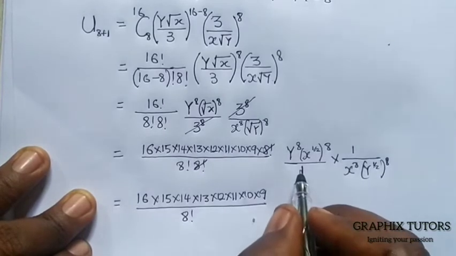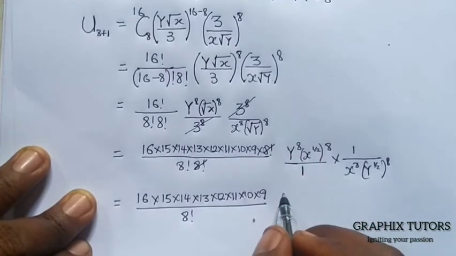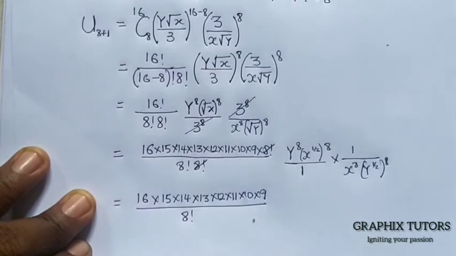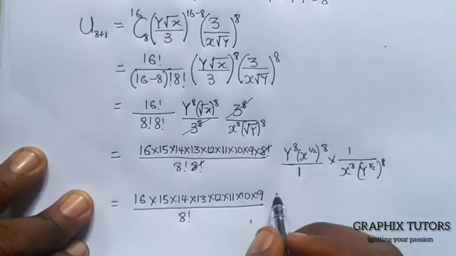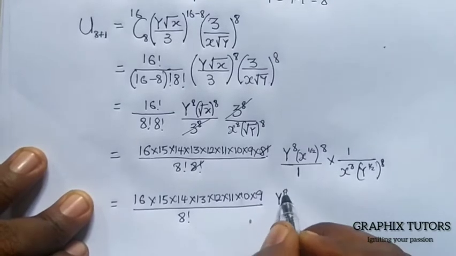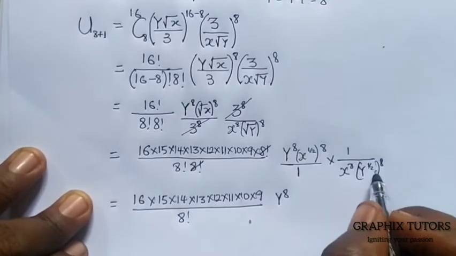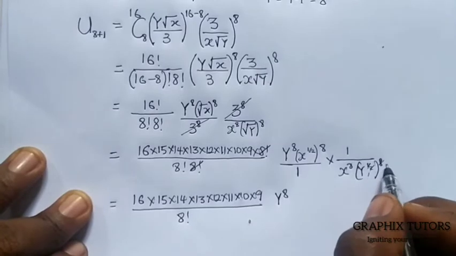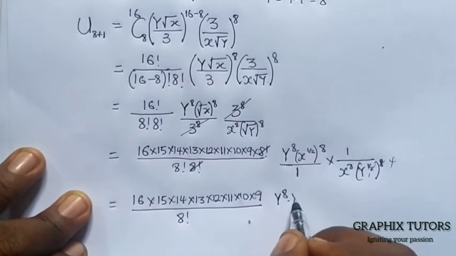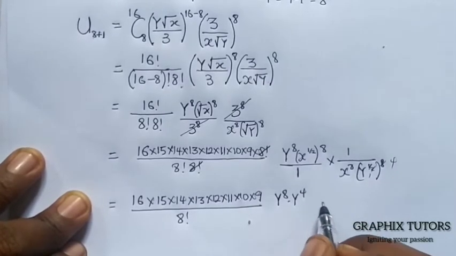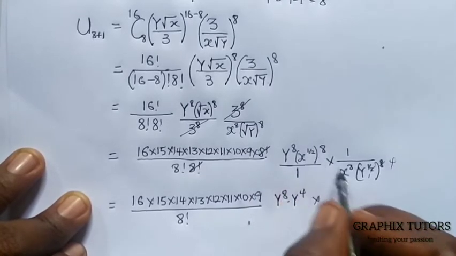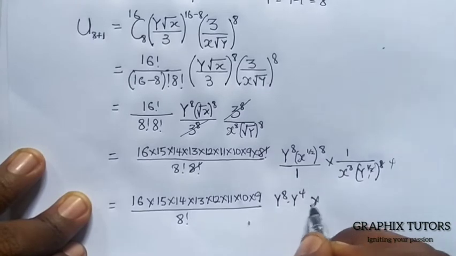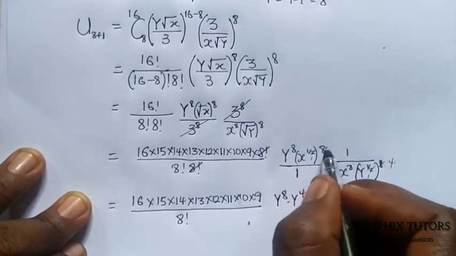So my y to the power of 8 is still there. Multiplied by, now 2 in here, 1 in 8, how many? 4. That will be y to the power of 4, multiplied by, this is x, we have x, 2 in here, 1 in 8, how many?